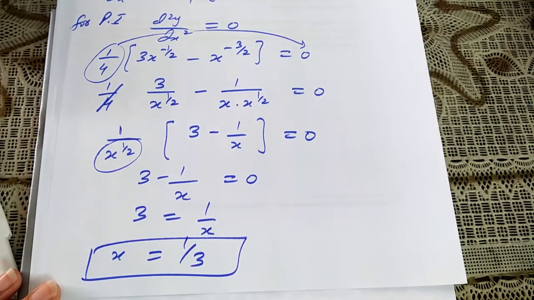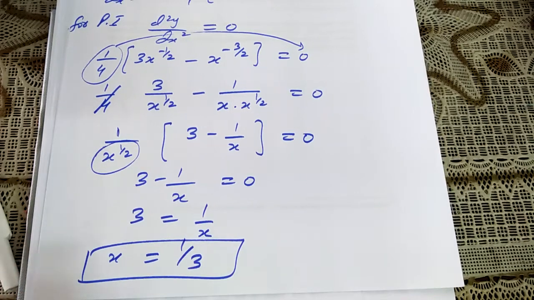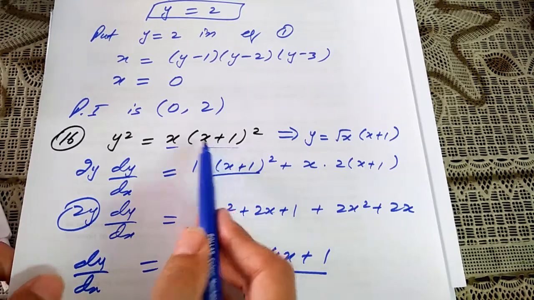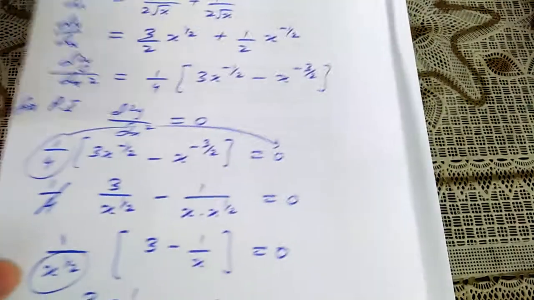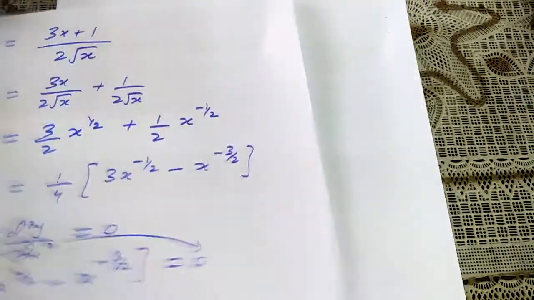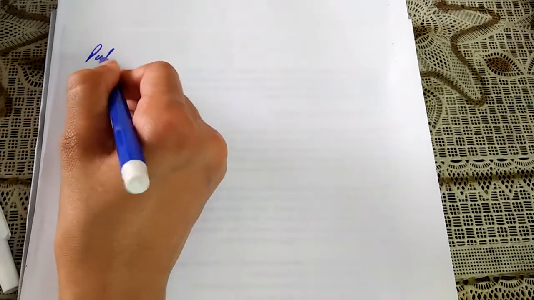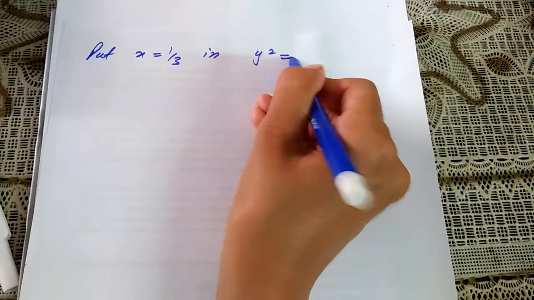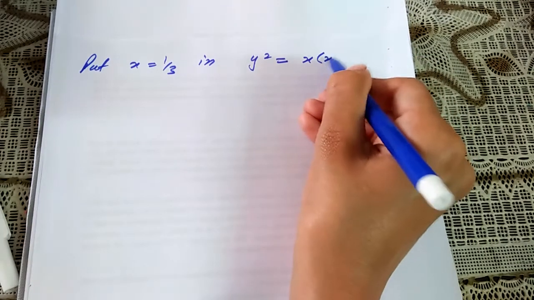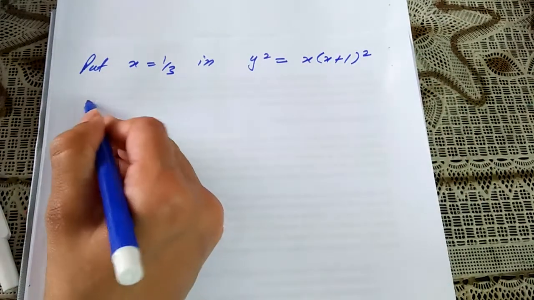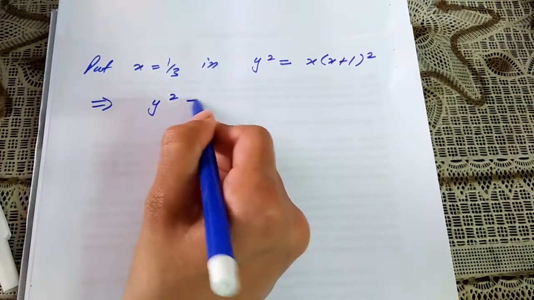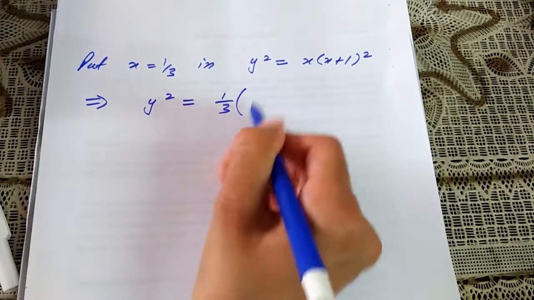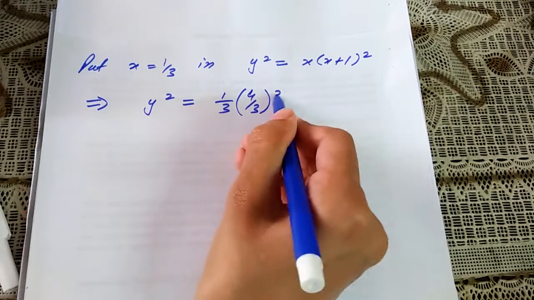We got a point x. Now put this point x is equal to 1 over 3 in this given equation. We will get here, put x is equal to 1 over 3 in y square is equal to x into x plus 1 whole square. We will get here y square is equal to 1 over 3 into 4 over 3 whole square.